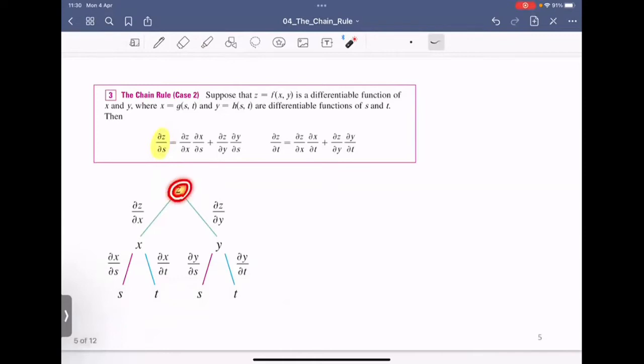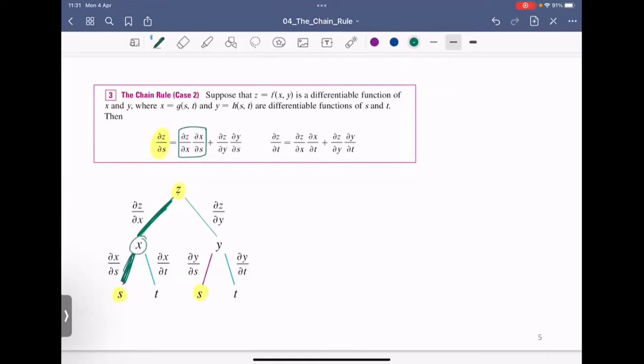C is on the top level. On the bottom level, you have S. How many ways can you go from C to S? The first one, you can go this way and then this way. It reflects here as partial C by partial X and then partial X by partial S.